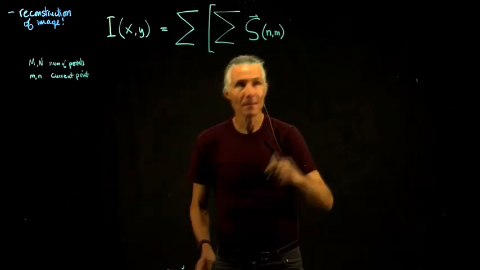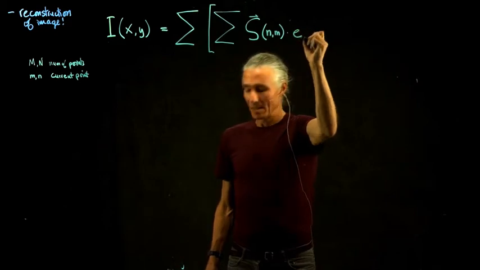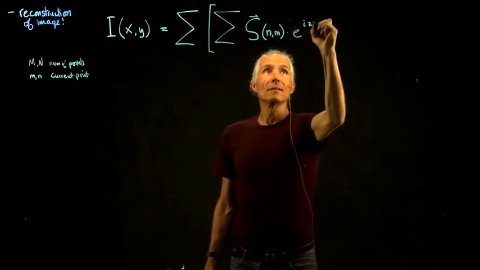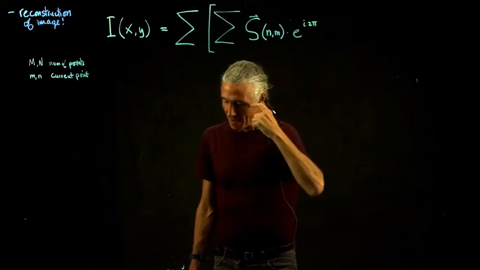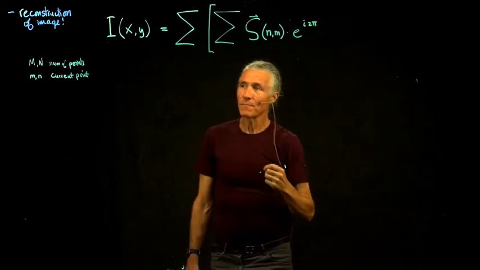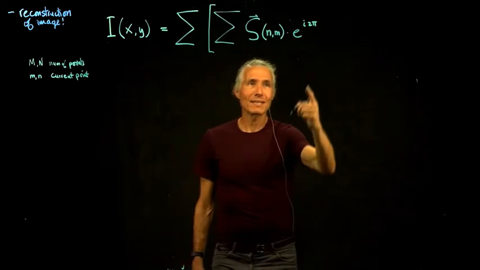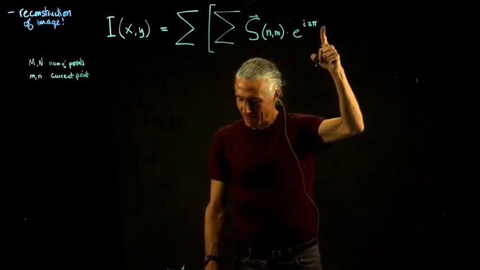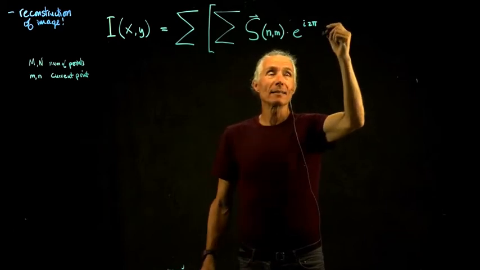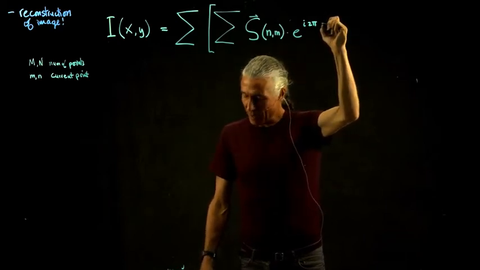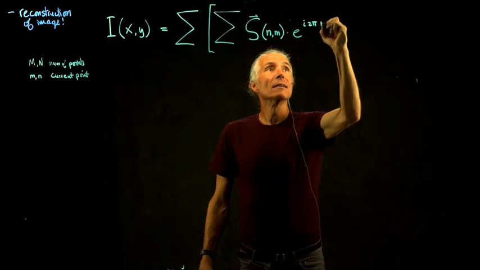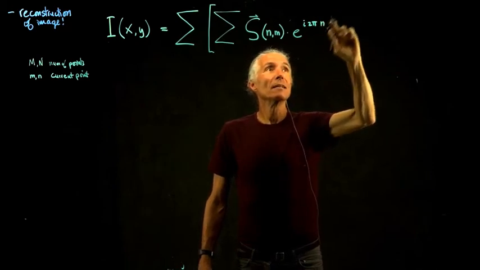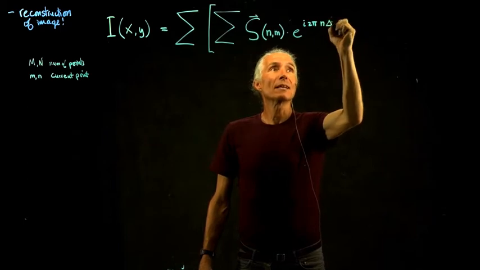And then times our e to the plus i 2 pi. And now normally what we would have expected here would have been a kx. But instead what we have now is n times delta kx.